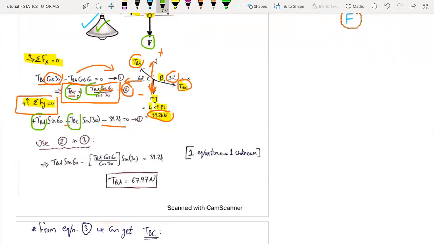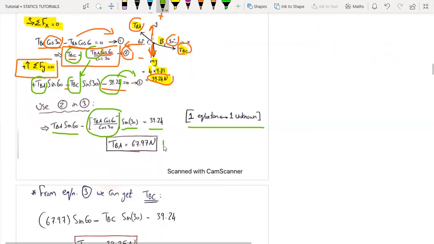We use the value of TBC, which equals TBA cosine 60 over cosine 30, multiplied by sine 30, plus TBA sine 60 equals 39.24, moving the weight to the other side. One equation, one unknown, and we can get the value of the tension force in cable BA in newtons.